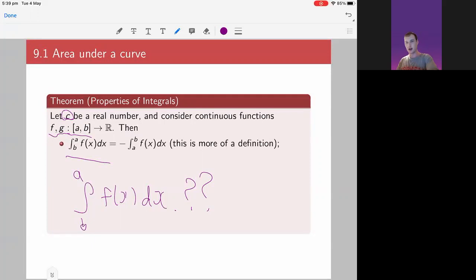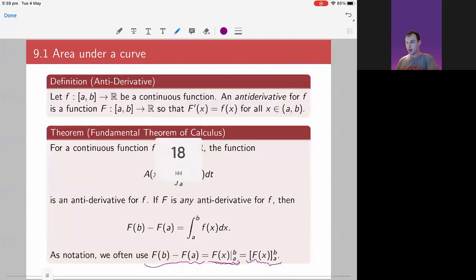Well, it's an interesting formula to bring up.